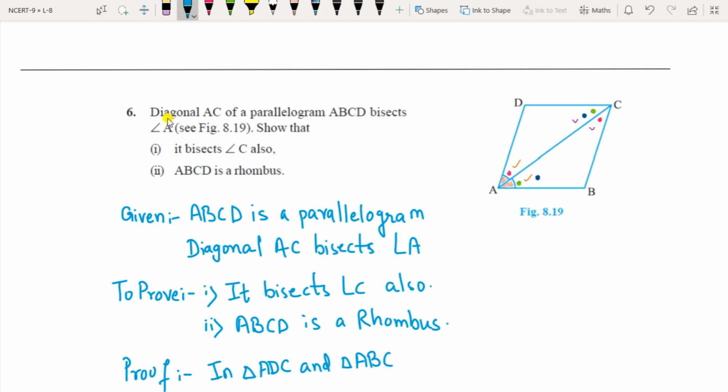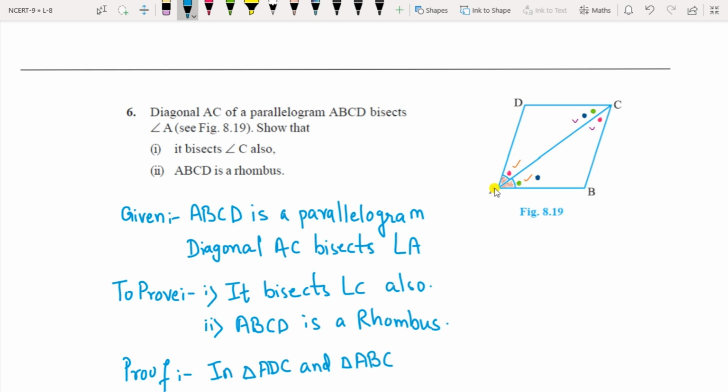So question 6: diagonal AC of a parallelogram ABCD bisects angle A. Show that it also bisects angle C and ABCD is a rhombus. Here diagonal AC bisects angle A, so DAC is equal to BAC. You have to show that these two angles are also equal. I have shown the angles by color coding here, so by only visualizing you can see which angle is equal to what angle.